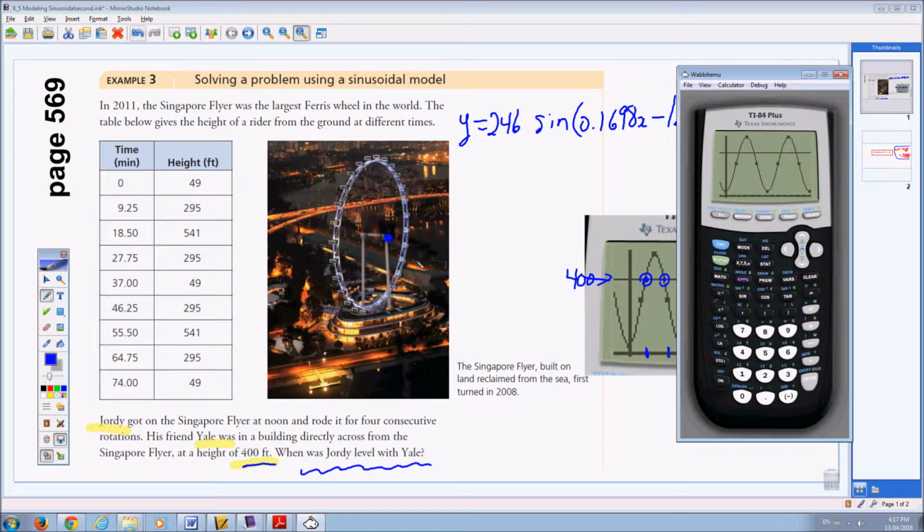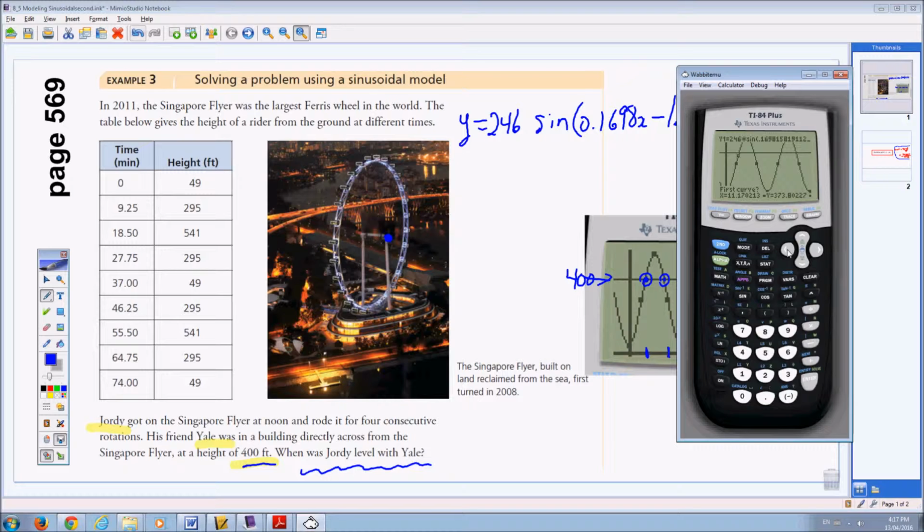And so as a reminder of how to find that point of intersection, we're going to go second, calc, and I want number 5 here, the point of intersection. Enter, and it asks me for first curve, and I'm going to move my cursor so I can find it. I want it very close on the curve to the point of intersection.